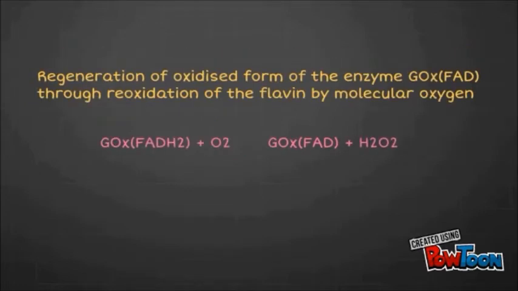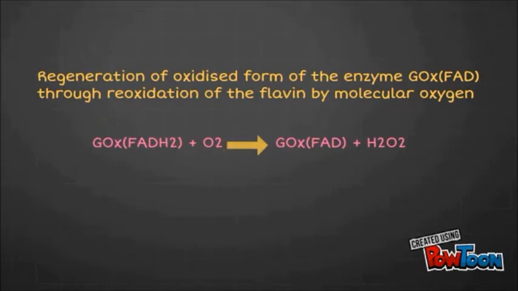After that, the reduced flavin group reacts with oxygen to regenerate the oxidized form of glucose oxidase. At the same time, hydrogen peroxide is produced. The hydrogen peroxide is then oxidized at the anode to oxygen and releases electrons. The released electrons move from anode to cathode and a readable signal is produced.